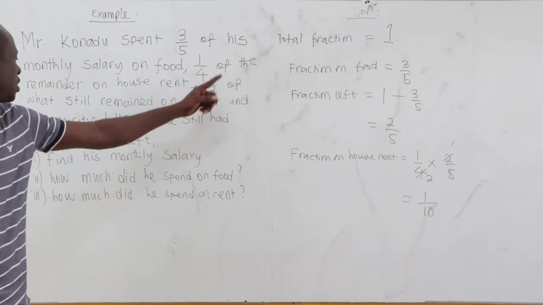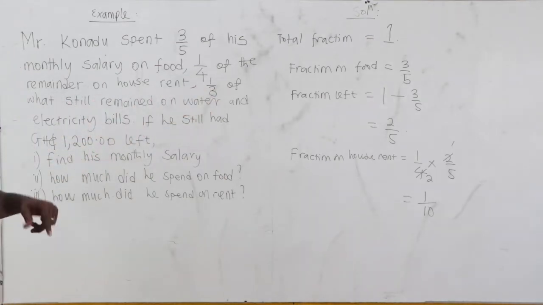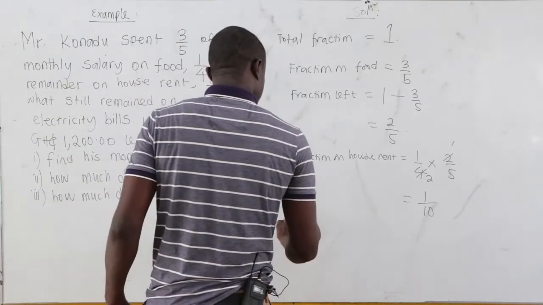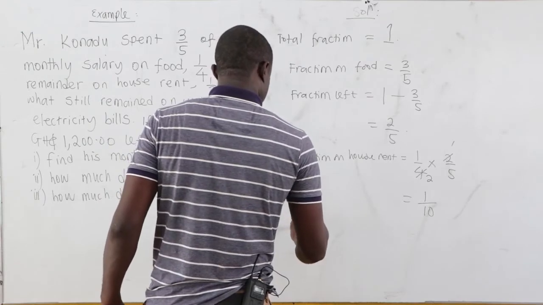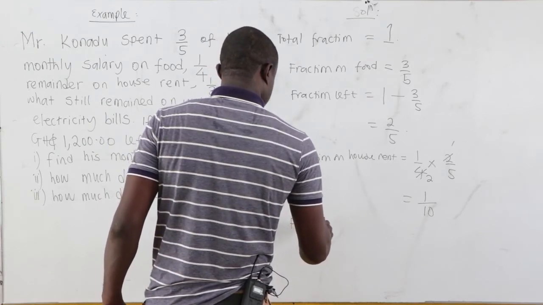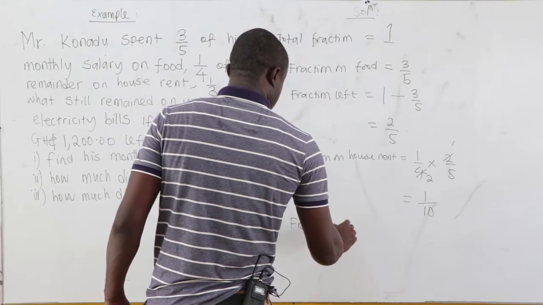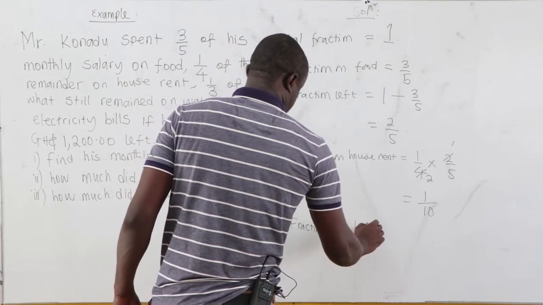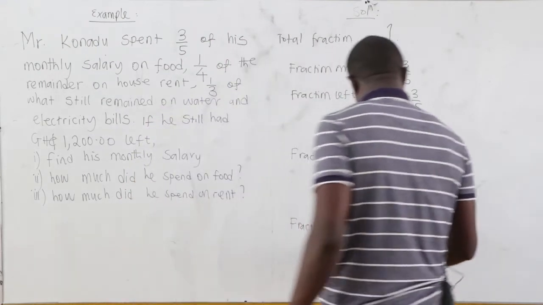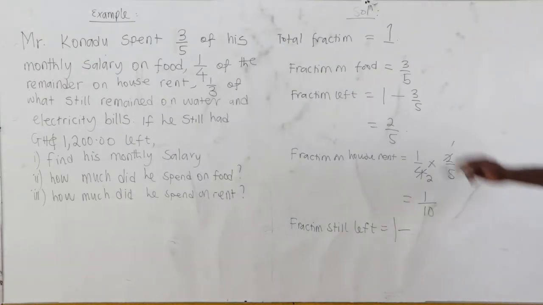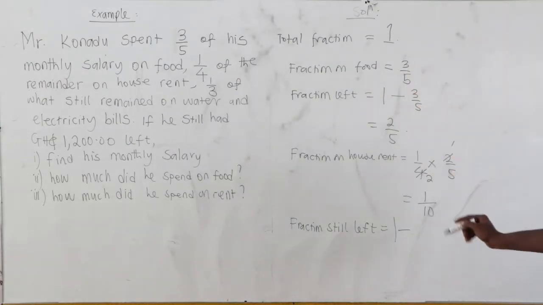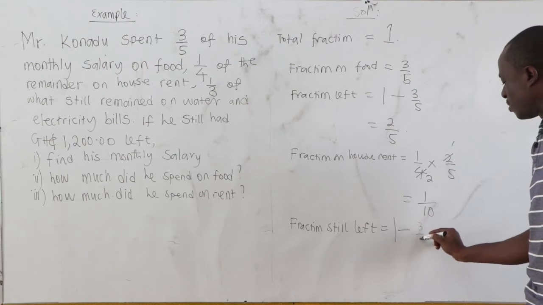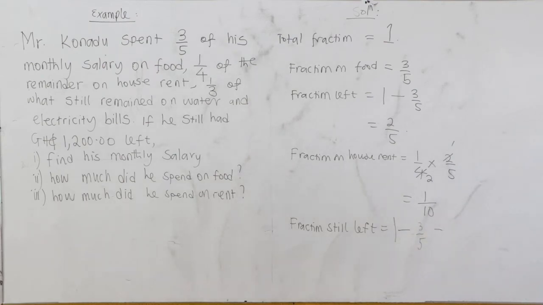And then 1/3 of what still remained. So fraction still left. Now the total is 1, and then he spent 3 over 5 on food, so minus 3 over 5 on food.